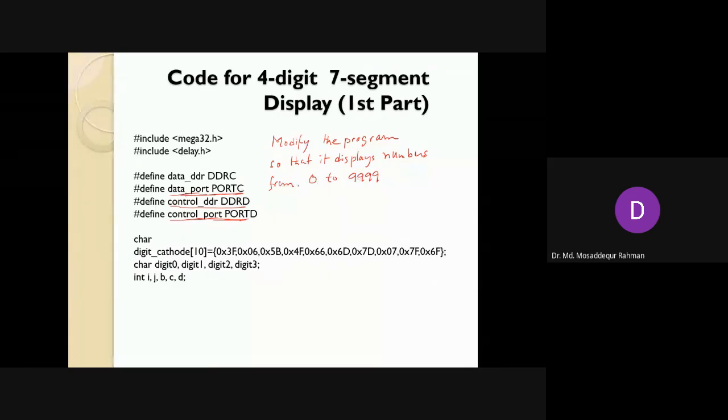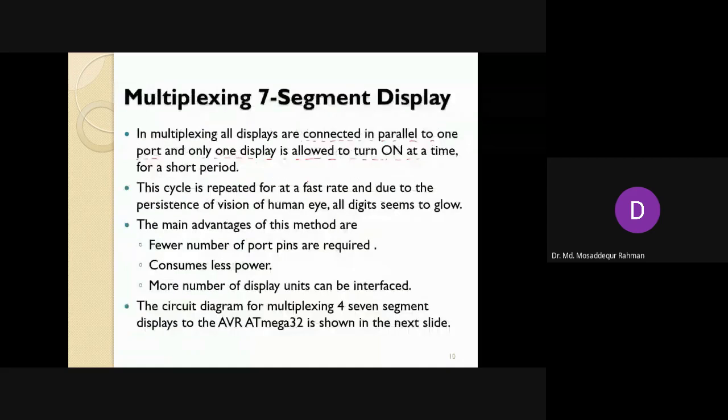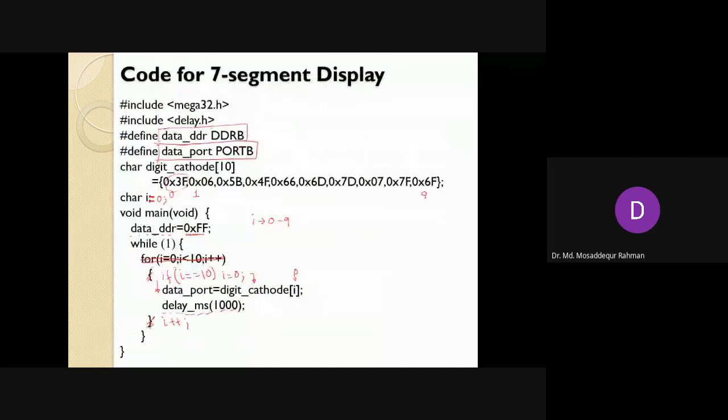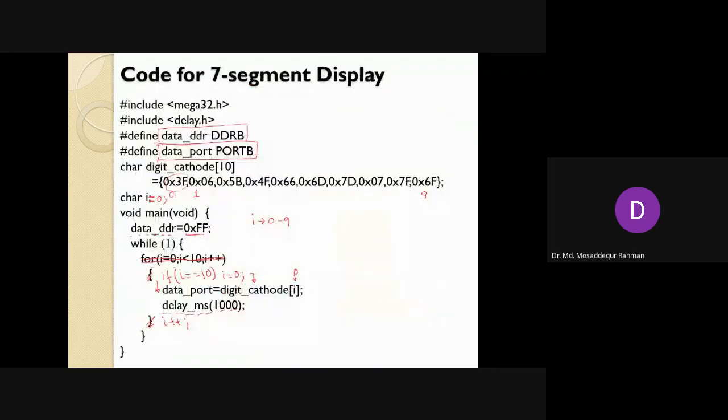Now we are just displaying one single digit, like the program that we had for this one, a single digit display board. With a single digit display board, the maximum number we can display is 9. So the program written here will display the numbers from 0 to 9.